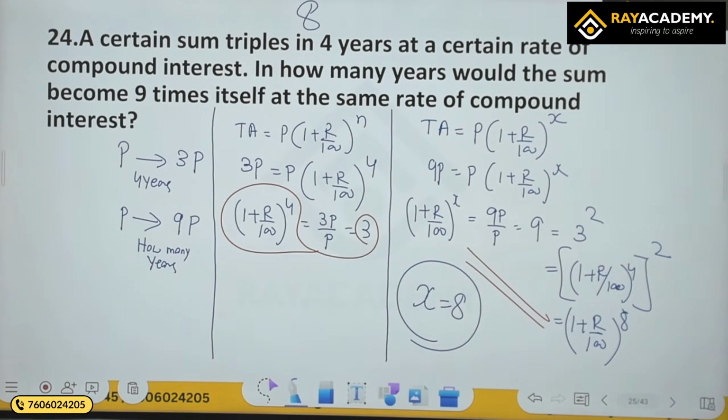But we can do this question also by a shortcut method, logically very easily. Let's see.